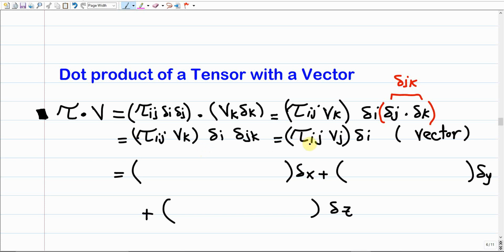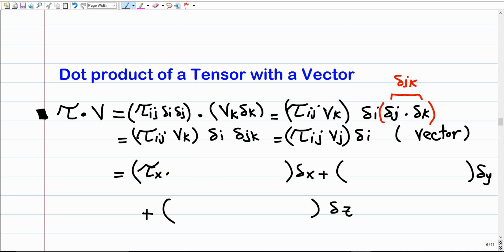So for example, here, in the first x component, i is already x, right? Delta_i is x. So it means that I already have tau_x, and there is something here times v, right? So then you are going to repeat over j.